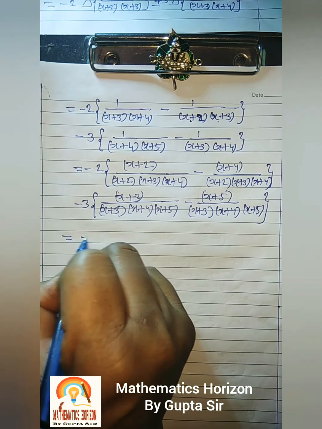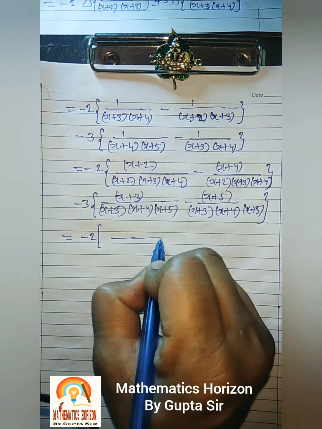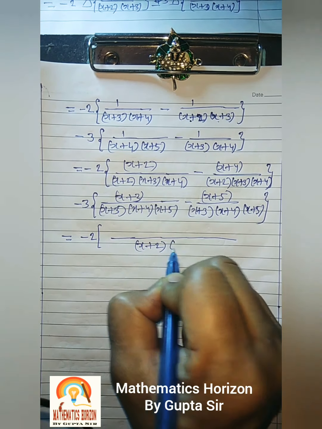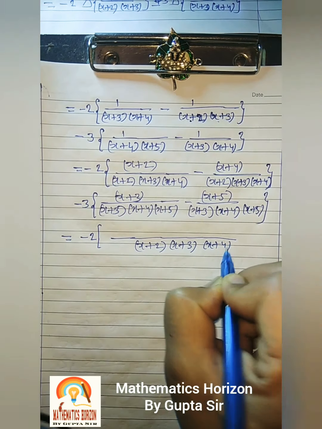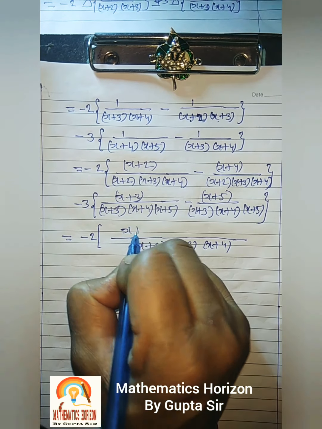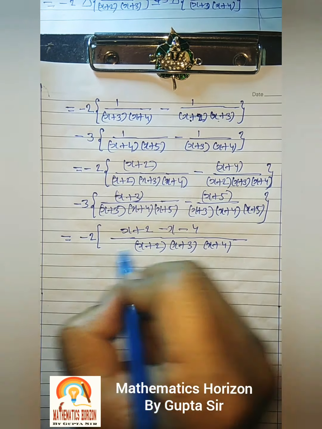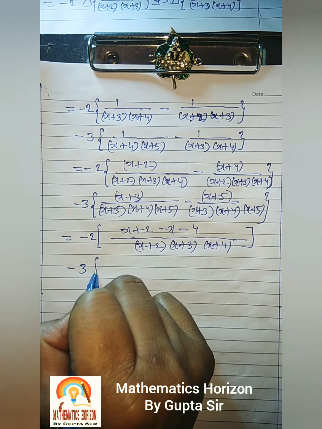Means minus 2. Here LCM is x plus 2, x plus 3, x plus 4 in first term, and in numerator we have x plus 2 minus x minus 4, and minus 3.